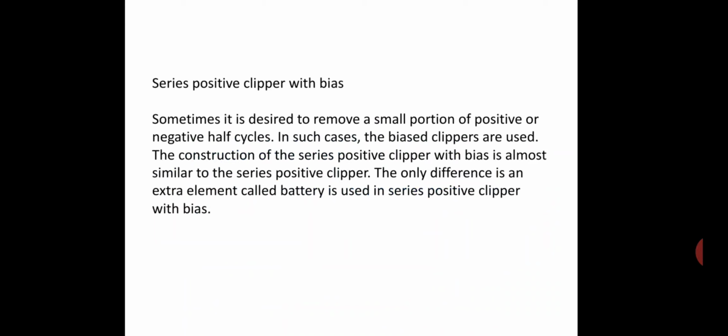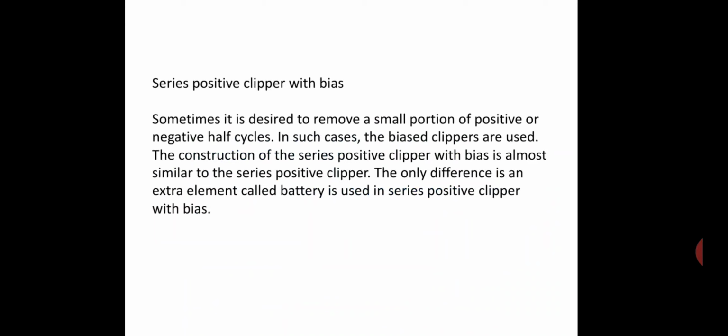If we want to remove a small portion: in the previous topic we removed the full positive cycle. In this circuit, we remove only a portion of the positive cycle, not the full portion. So biasing is used with the diode. The biased clipper is used for this condition.